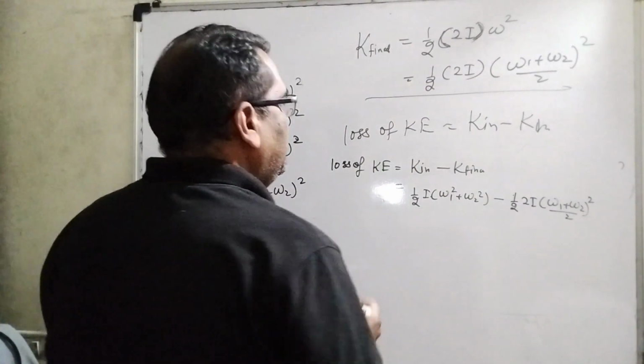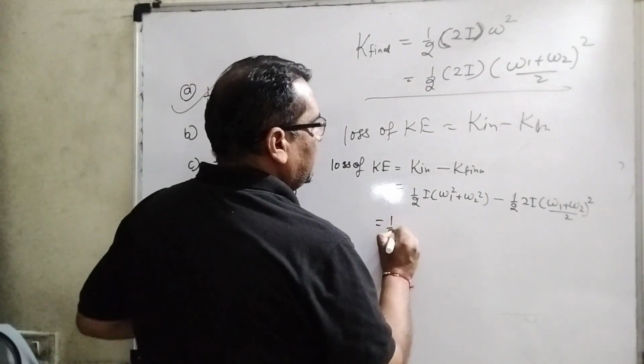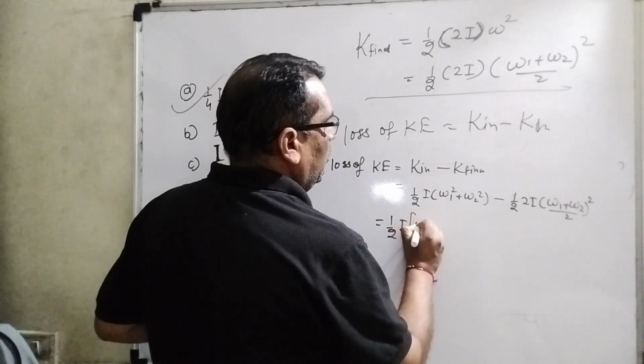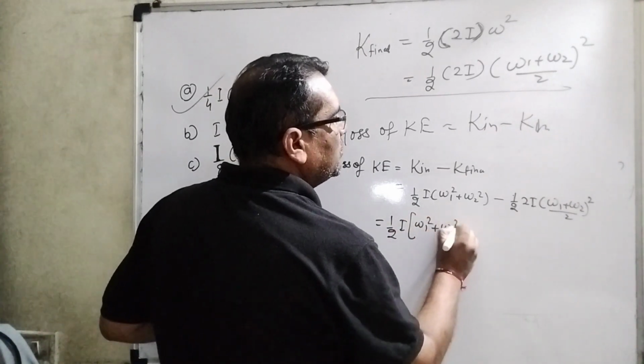Now solving this portion: 1 by 2 I, taking common, omega 1 square plus omega 2 square minus.